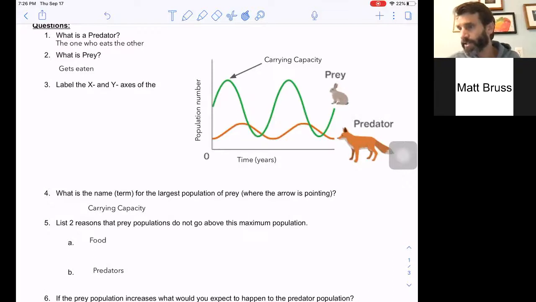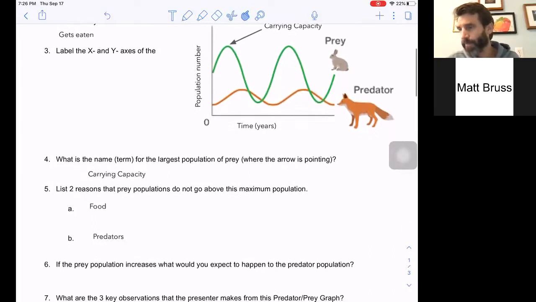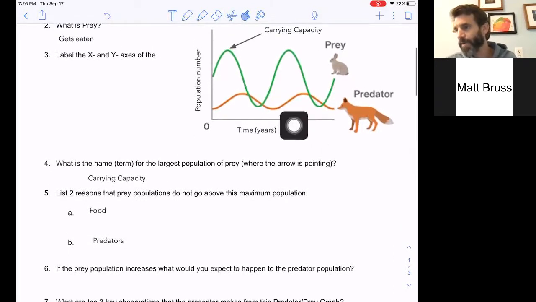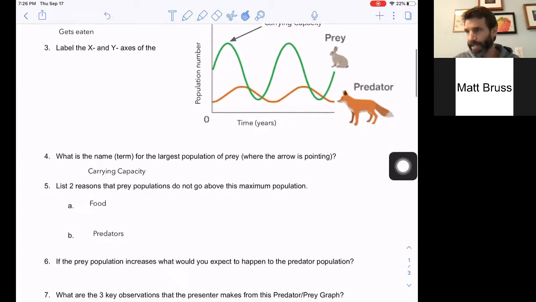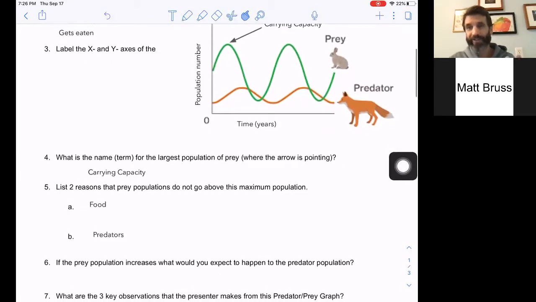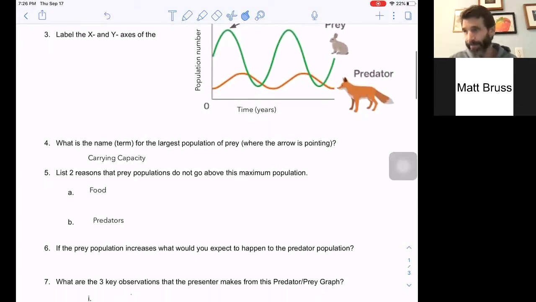So then we went on and started talking about, if this prey population increases, what would you expect to happen to the predator population? Well, since the predator's food is the prey, we would expect that the predator population will increase along with the prey population.